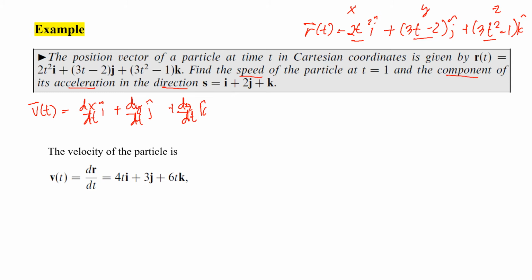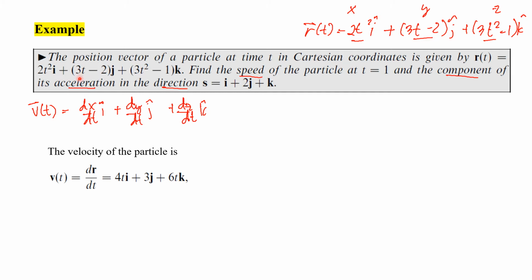So the derivative of your x component, 2t squared, with respect to t, you have 2 times 2t, so that is 4t i. The derivative of the second one, since 2 is a constant, goes to 0.